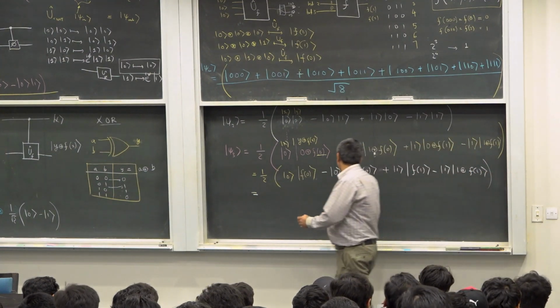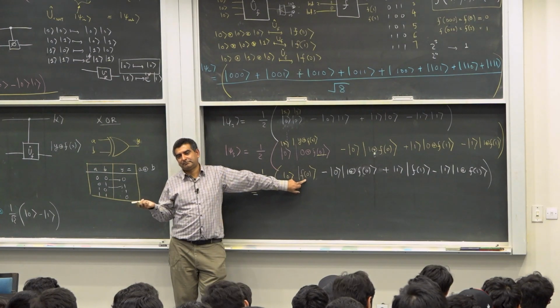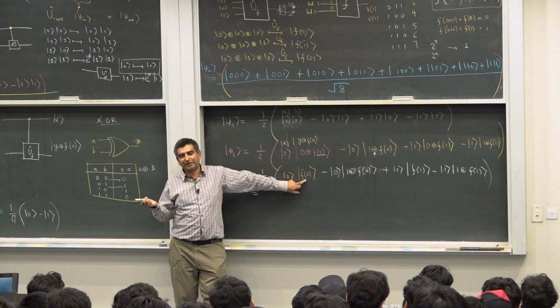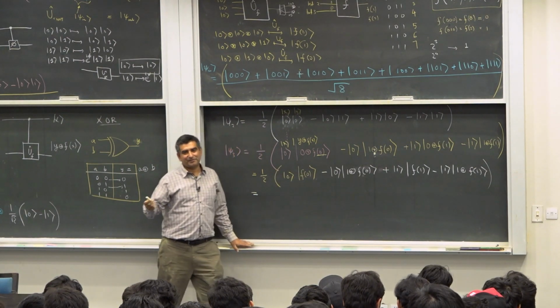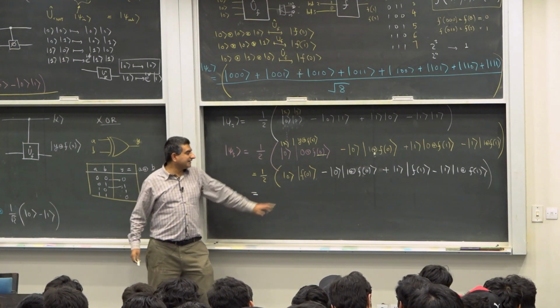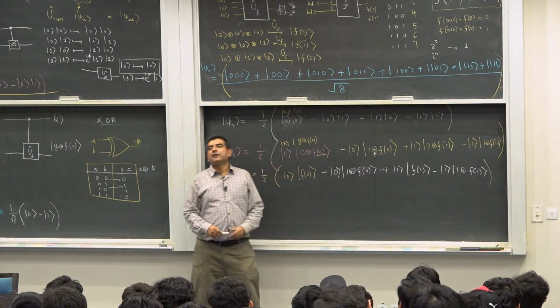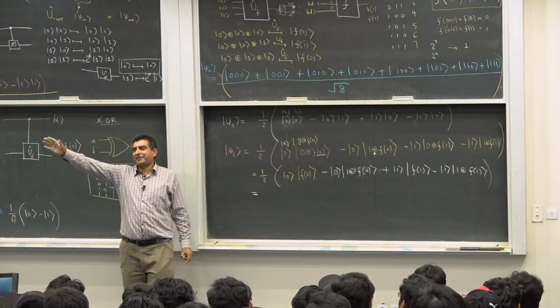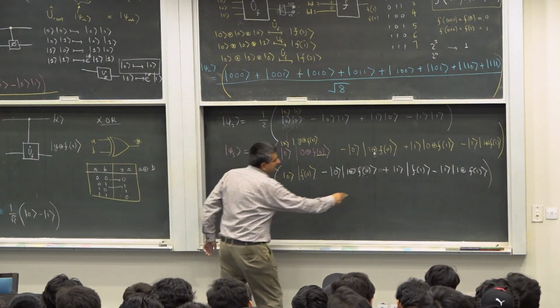Now this term could be 0 or 1. Right? And this term could also be 0 or 1. And there's an f of 0 here, and there's an f of 0 here. For a minute, let's consider these two terms over here.